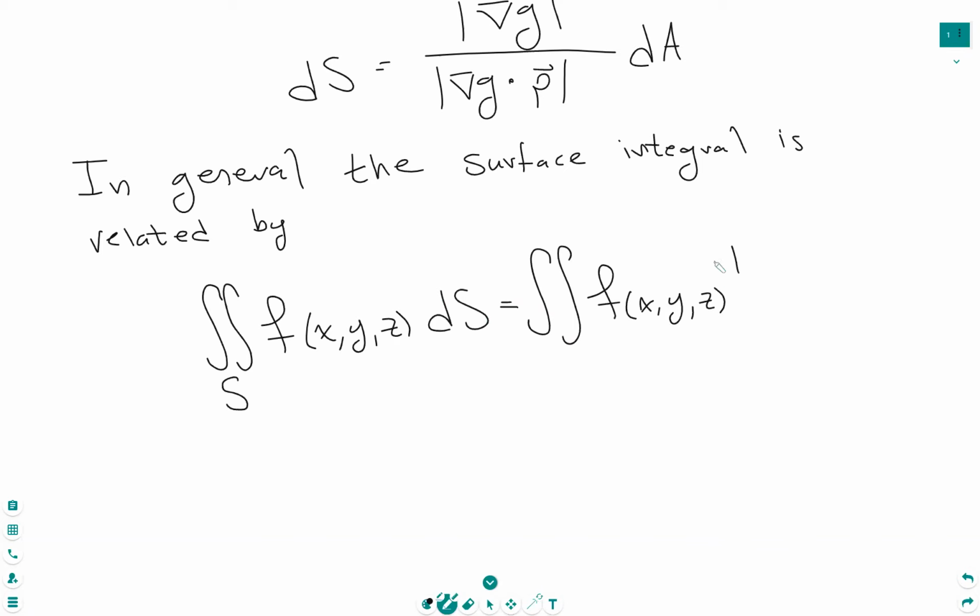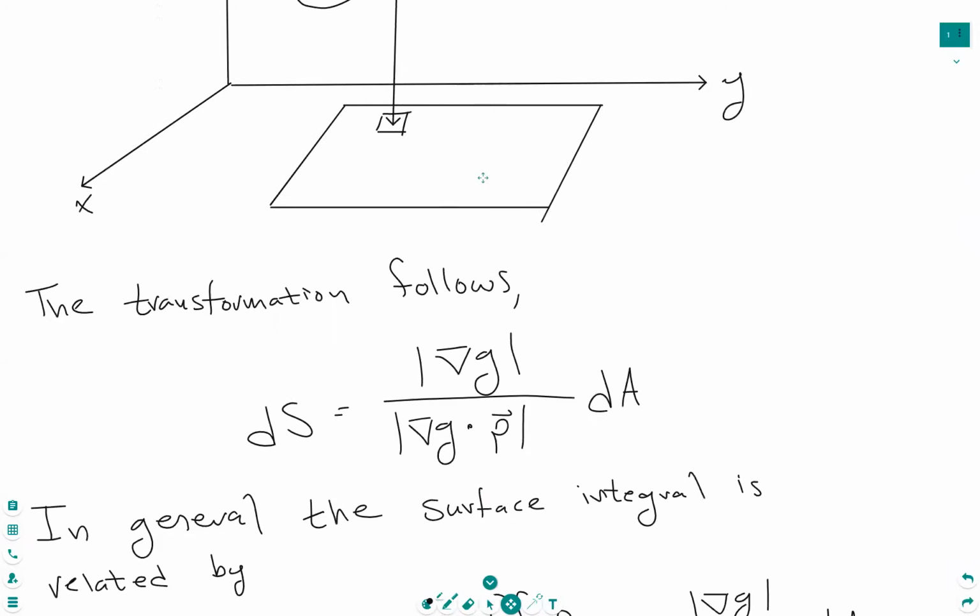We translate dS to dA. And this area integral is over some region R. This R region is the projection of our surface area onto that same coordinate plane.